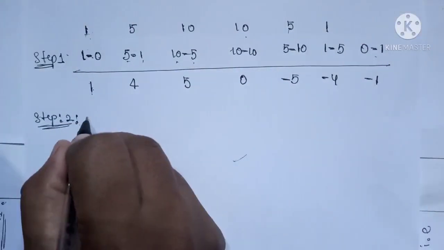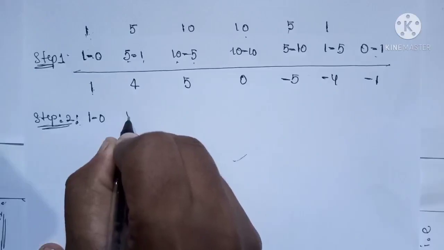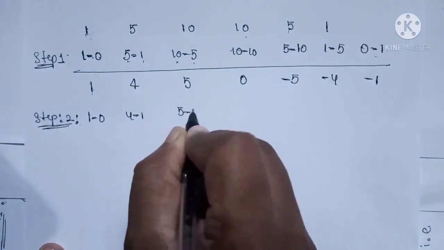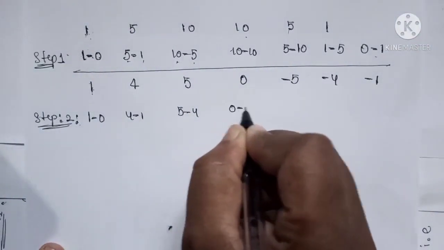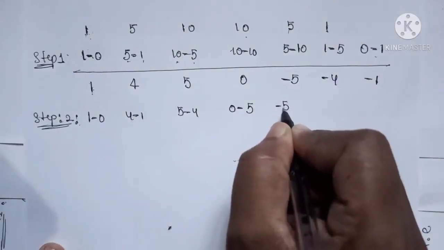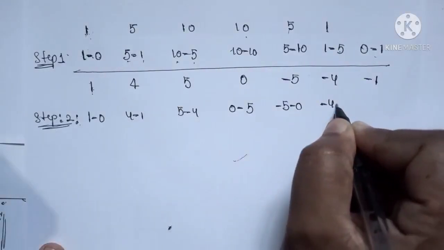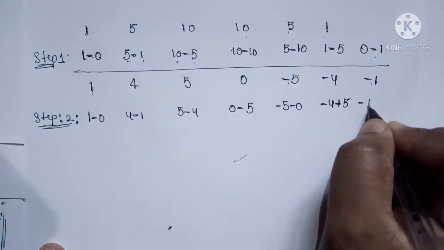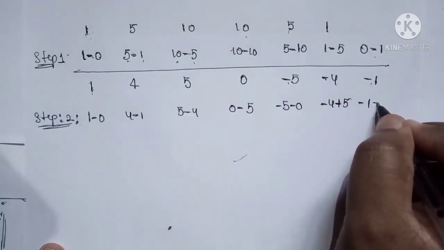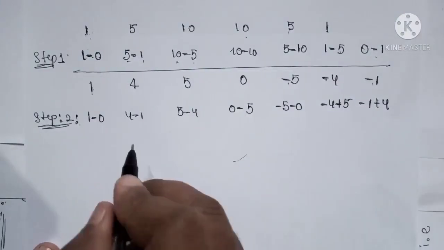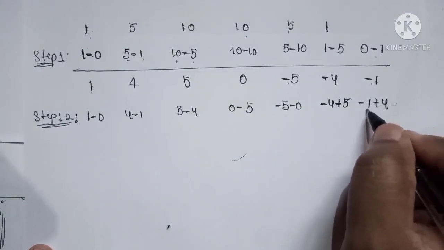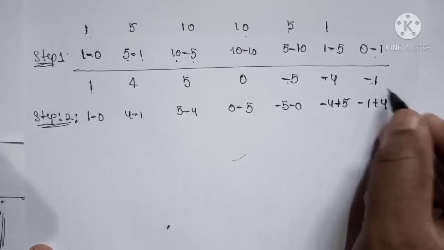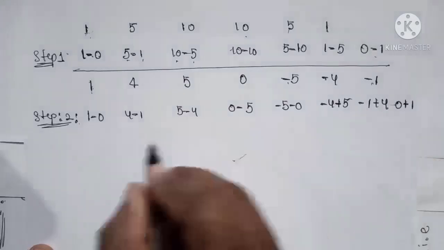So in step 2, again 1 minus 0, 4 minus 1, 5 minus 4, 0 minus 5, minus 5 minus 0, minus 4 minus into minus plus 5, minus 1 minus into minus plus 4, and next is 0 minus into minus plus 1.